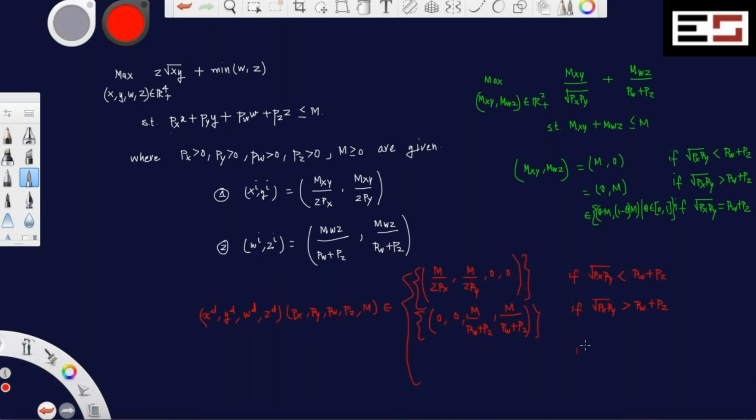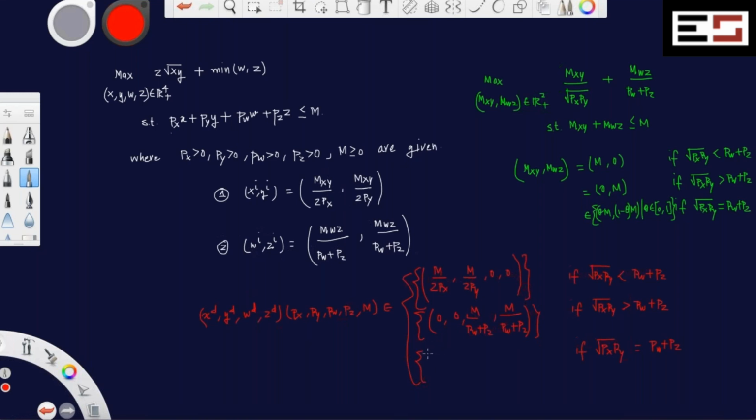Okay, and if root pxpy is equal to pw plus pz, then in that case there are multiple possibilities. So what you can do is write it in this manner: just put theta m here.